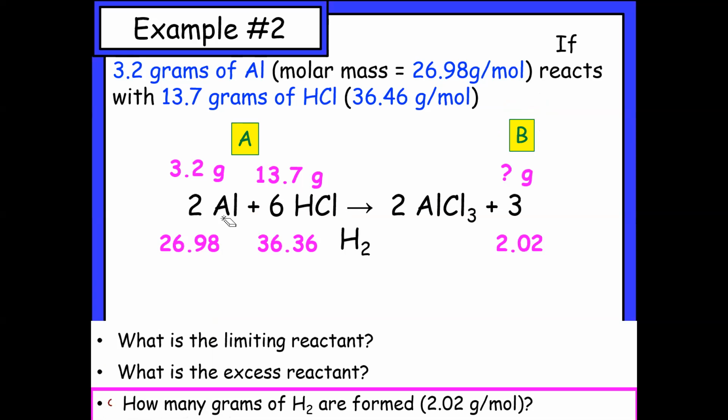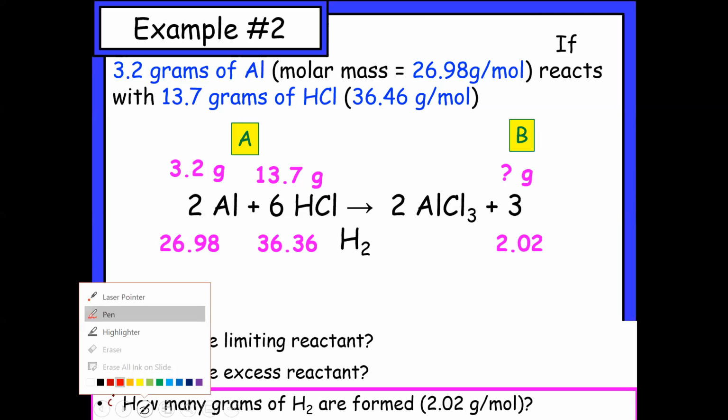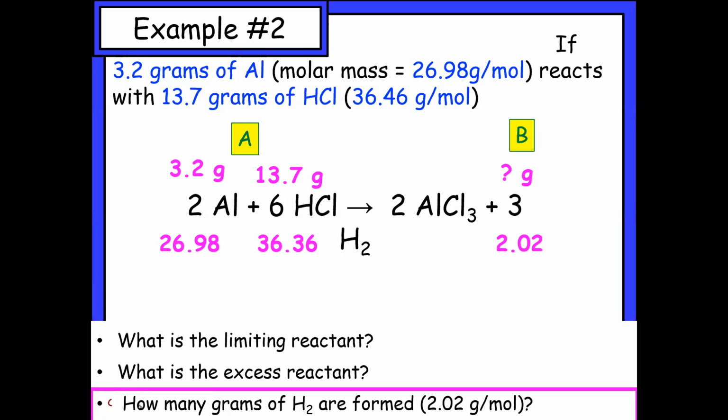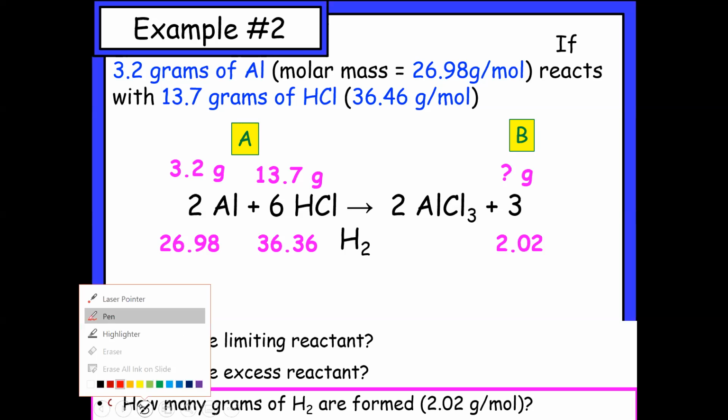So we got grams of aluminum, grams of HCl, and they want to know how many grams of H2 are going to come out. But the only way you can figure it out is if you know which one is going to be the limiting reactant, because the limiting is going to tell us how much is actually going to come out.